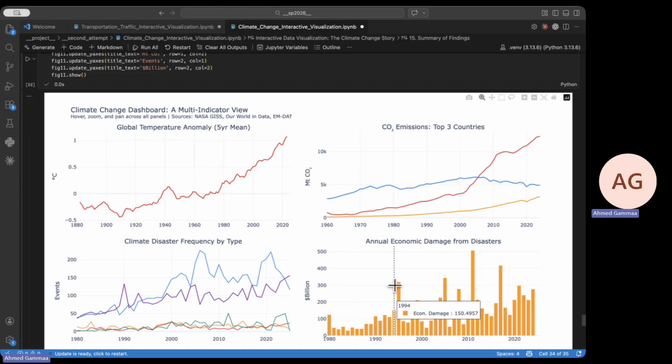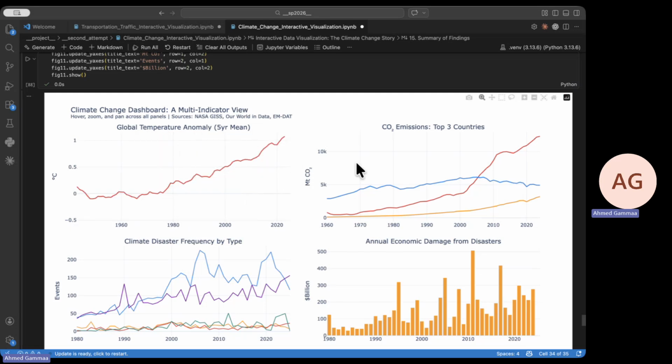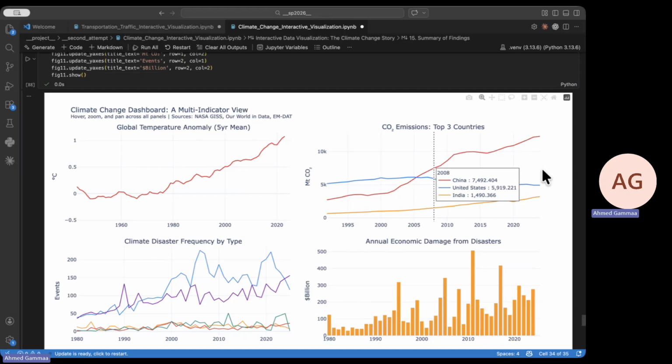As you can see, they respond simultaneously, where you can read data from multiple viewpoints for a specific year. And you can also, of course, select whatever range you want for those events.